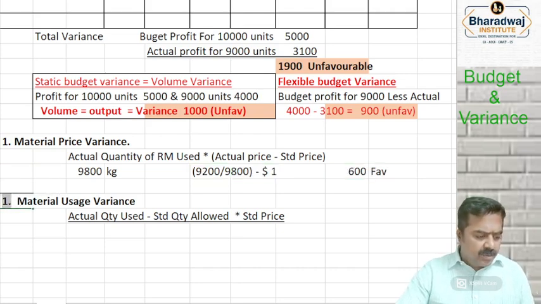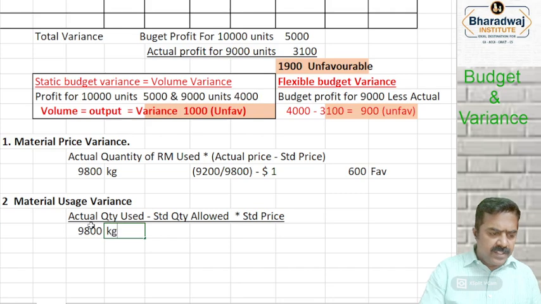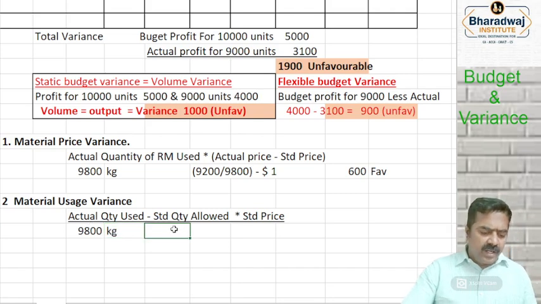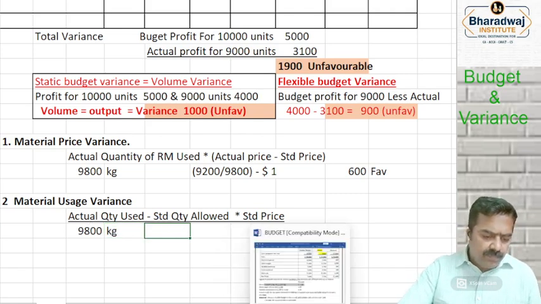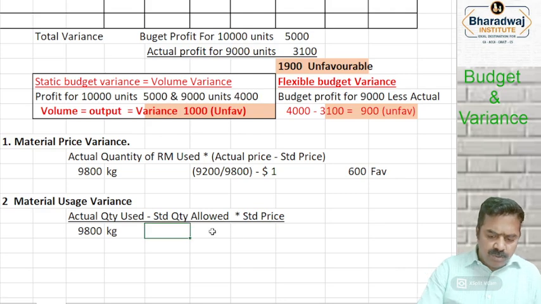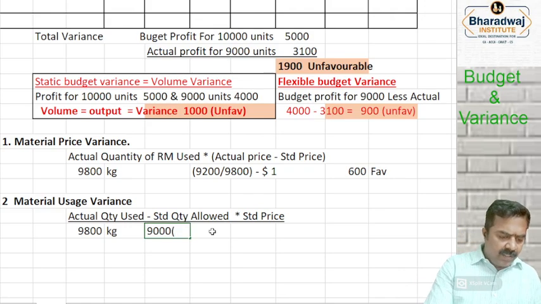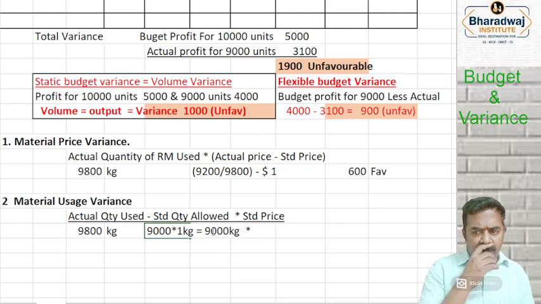Next, material usage variance. Actual quantity used is 9,800 kg. What is the standard quantity allowed for this? 1 kilogram per unit. So, for 9,000 units into 1 kg allowed, 9,000 kg is allowed, multiplied with standard price.